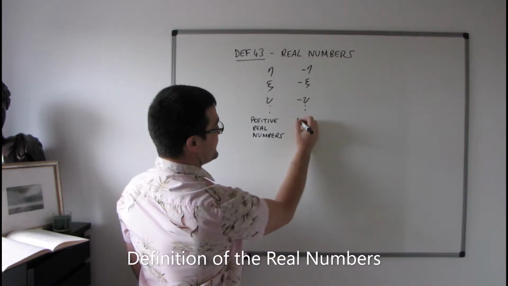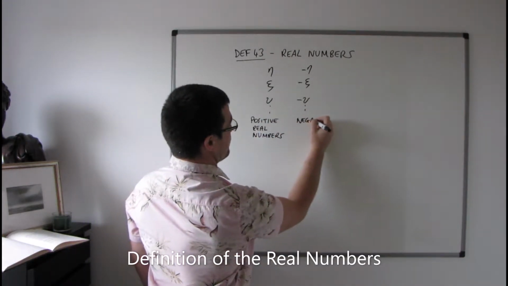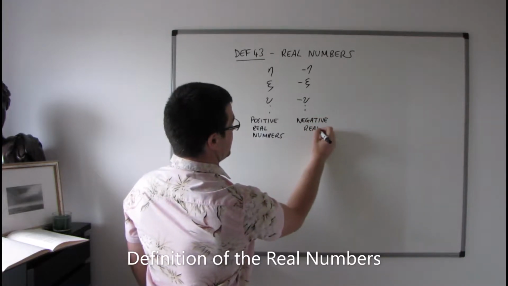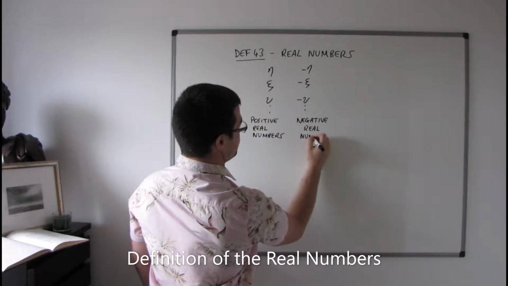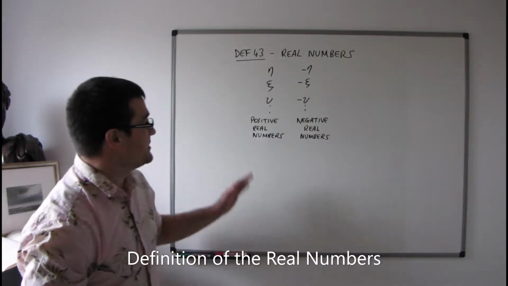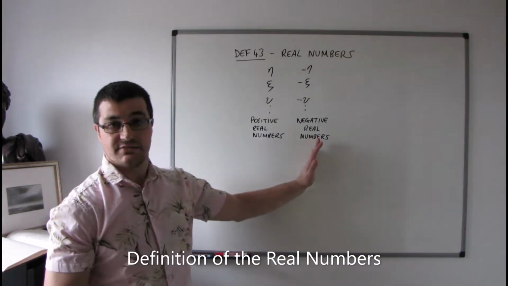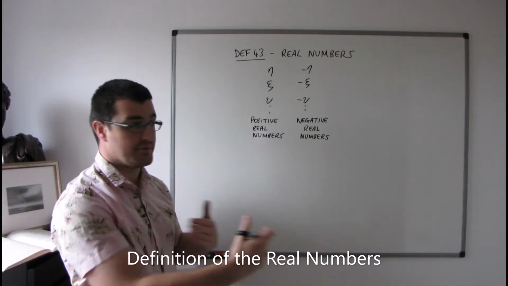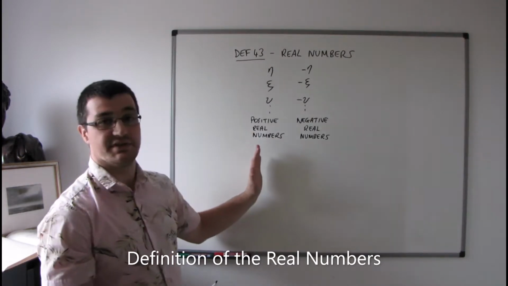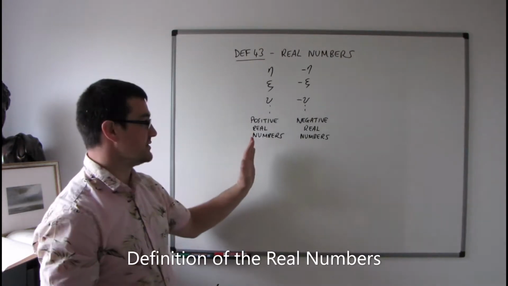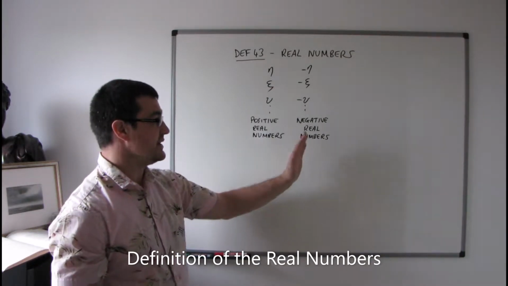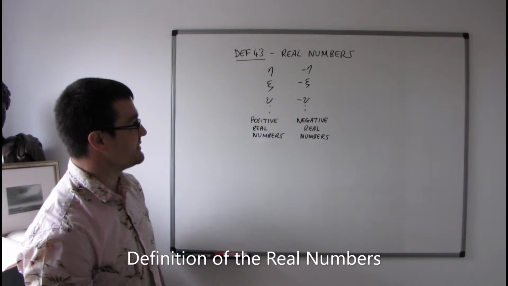And these are going to be called the negative real numbers. And the positive real numbers and the negative real numbers are completely separate things. There is no number that we would consider both positive and negative. So if it's positive, then it cannot be negative. If it's negative, then it cannot be positive.